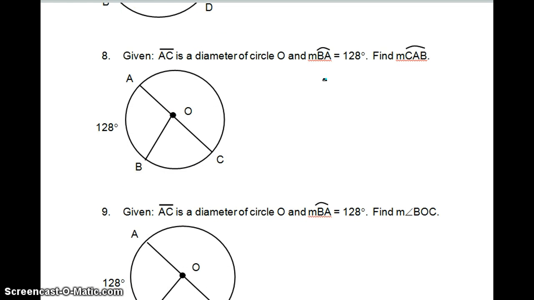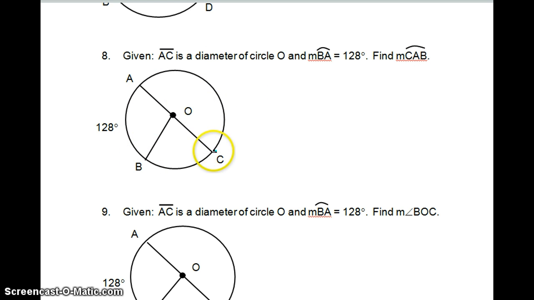Number 8. Given AC is the diameter of circle O and the measure of arc BA is 128. Find the measure of arc CAB. Okay. AC is the diameter, that means it's going through the center. BA is 128. Find the measure of arc CAB.